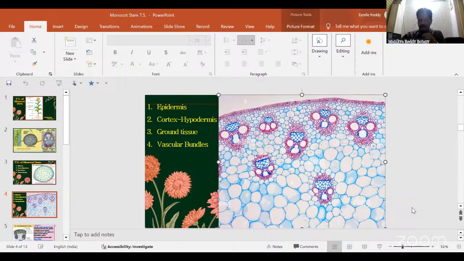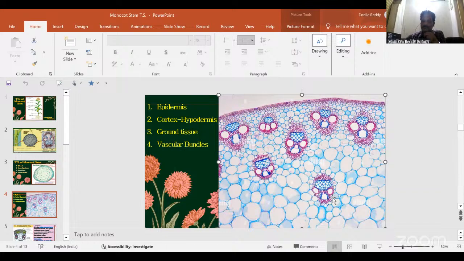Whereas in monocot stem, you cannot see such a cambium in the vascular bundle. A strip of cambium is absent. Xylem and phloem are together in monocots. That's why they are called closed type vascular bundles.